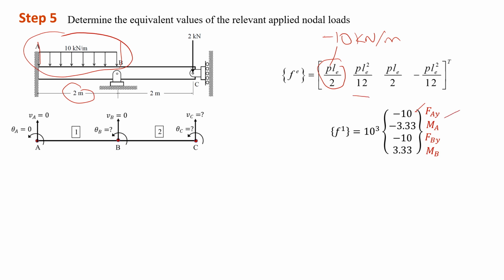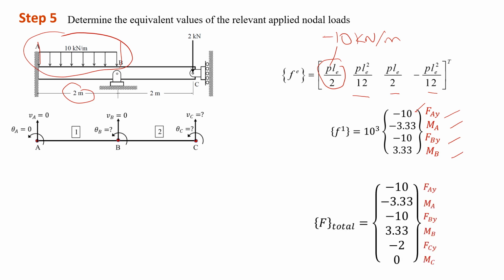The second value here is the value for the moment at point A. And then the third value here is for FBY, the vertical force at point B. And the last one is the value of the moment at point B. Okay, so next we can obtain the F total for each point.